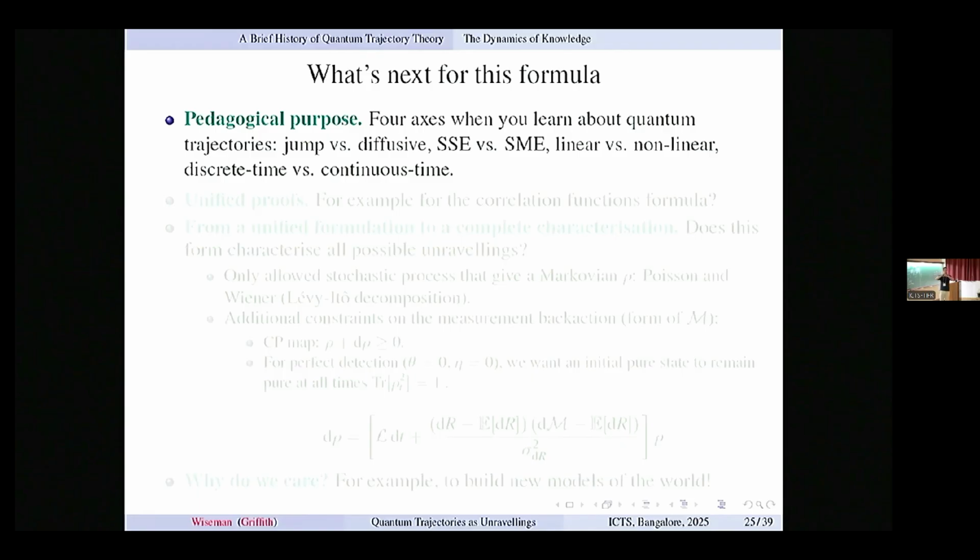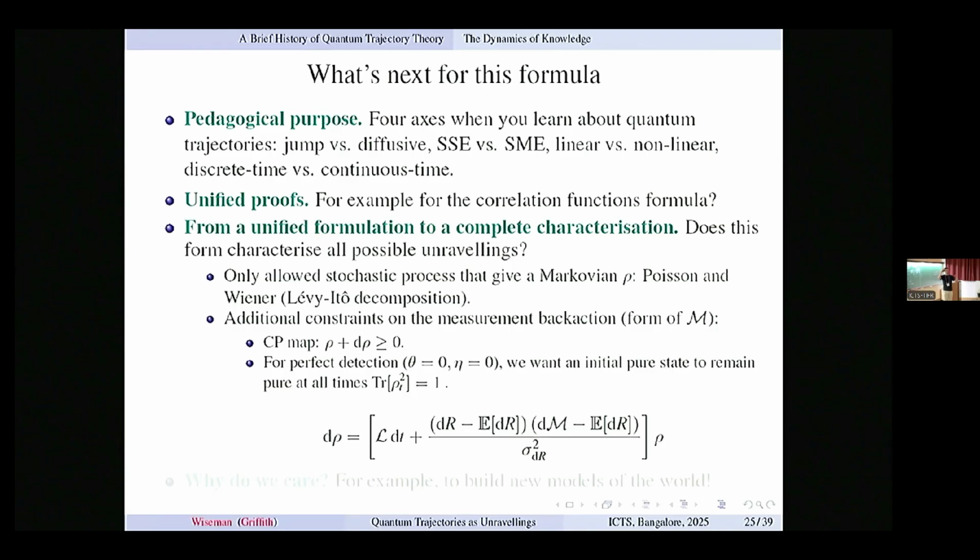So that's 16 equations you need to learn and understand. So one hope is to try and unify more of these equations with this formula. Then usually what we like in math when we unify formulas is to have unified proofs. So for example, maybe we can have the same exact proof for the correlation functions, but that's still not fun. It's a work in progress.